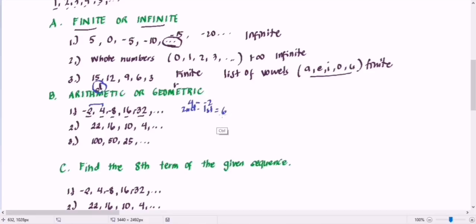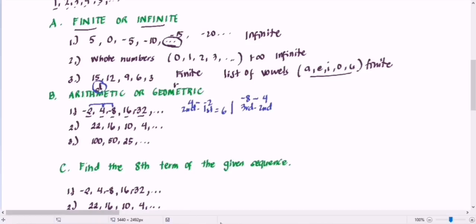Then, isa pa lang yan. Dapat matest din natin yung pangalawa. Ito ay third minus second. So, check natin yung third minus second natin. So, ang third term natin ay negative 8 minus yung second natin ay positive 4. So, lagay lang natin yan.